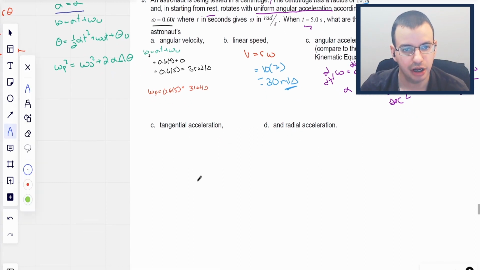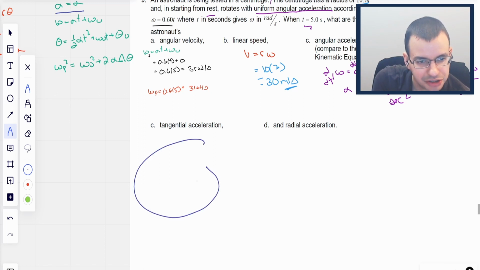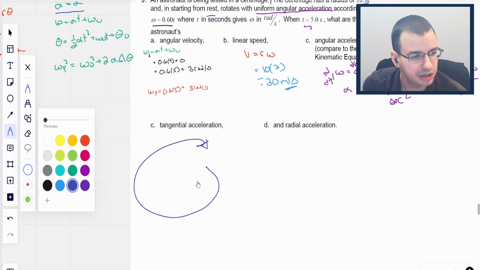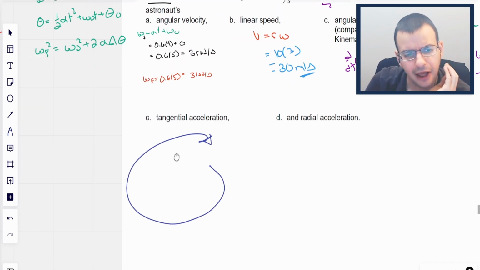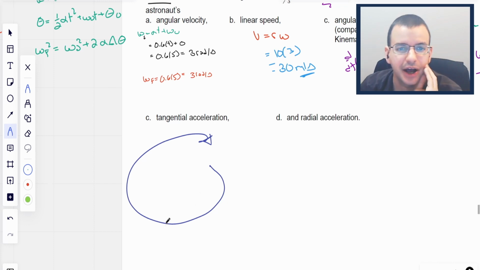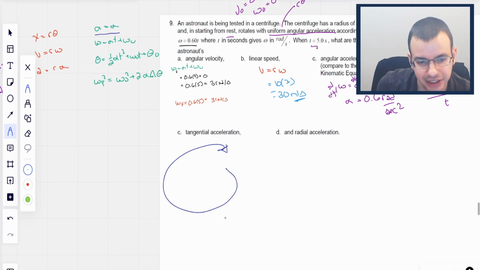Tangential acceleration. All right, so I'm going to draw a picture here. We have an astronaut going like so, more actually circular, not drawn to scale. And we want to find out how much his speed is changing. So I'm going to find his linear acceleration. From their equation over here, a equals r alpha.